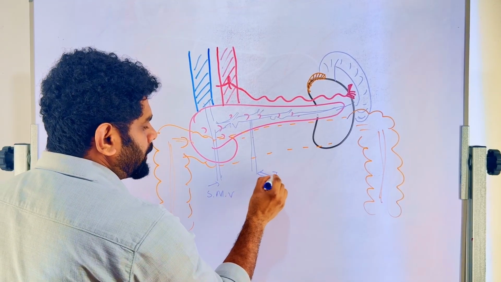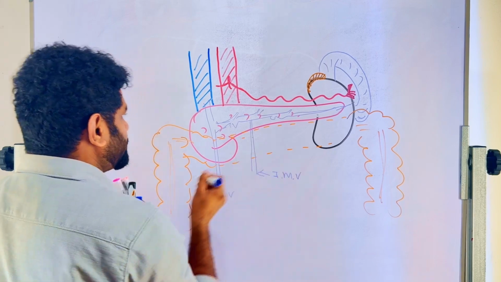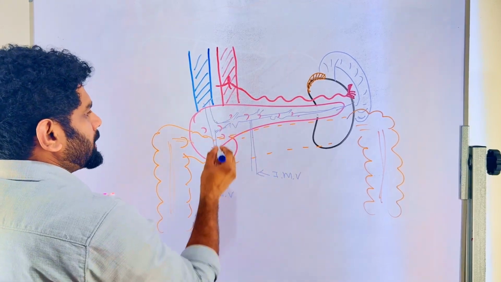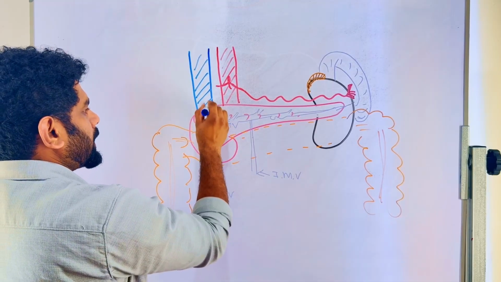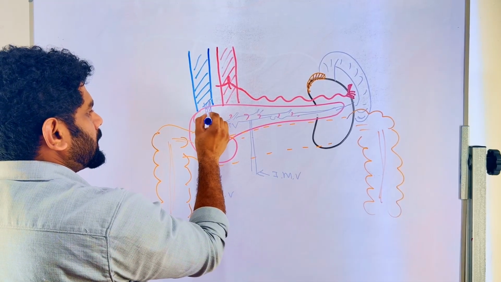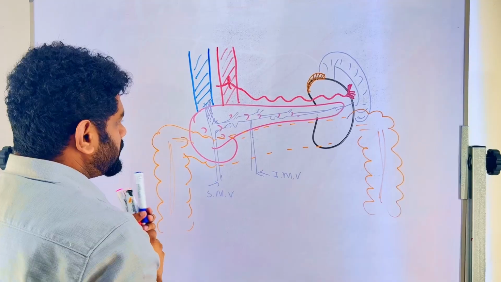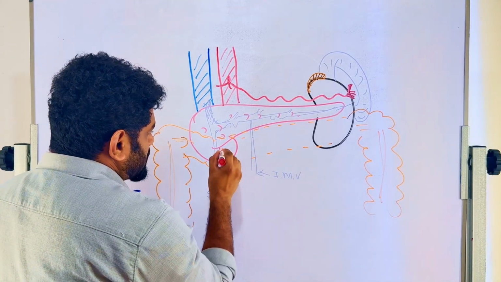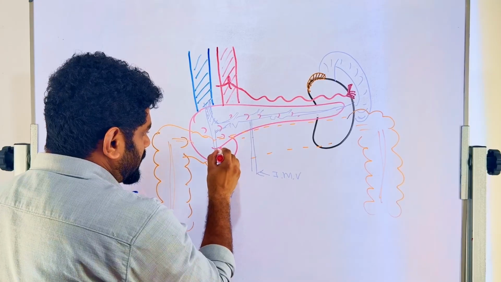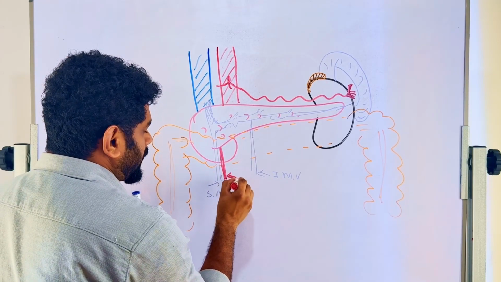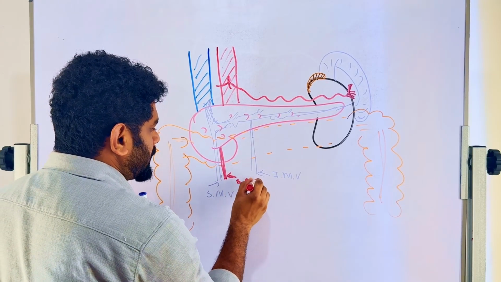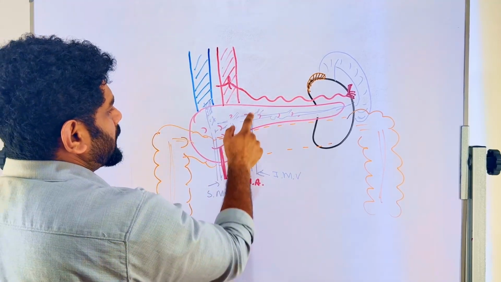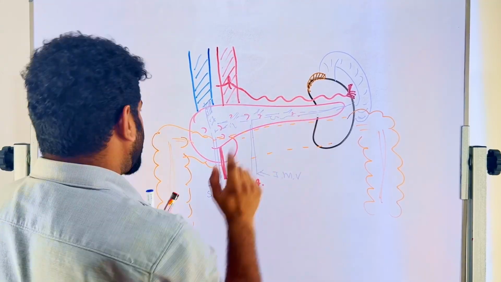This is the inferior mesenteric vein. So the splenic vein and the superior mesenteric vein will join to make the portal vein. So here we have the portal vein. There will be a branch artery here, which is the superior mesenteric artery. These structures are posterior to the pancreas.